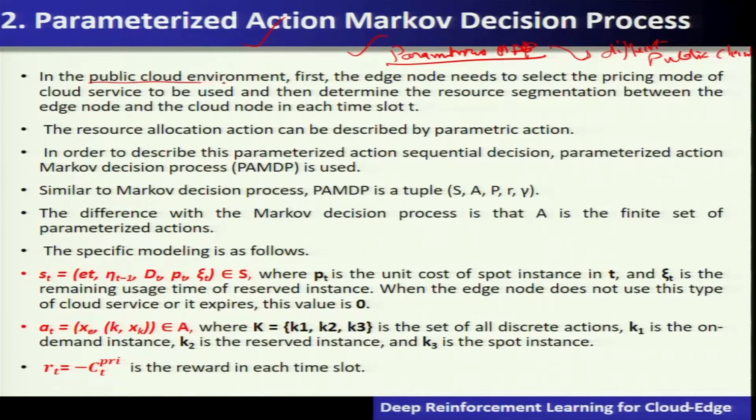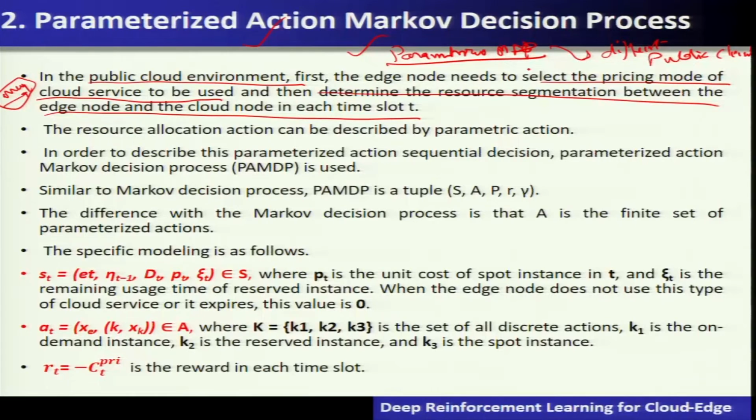In a public cloud environment, first the edge node needs to select the pricing mode of the cloud services to be used, and then, since there are many possibilities, it has to select and determine the resource segmentation between the edge and cloud. We have already seen the resource segmentation between edge and cloud as a Markov decision formulation, but if you are considering different pricing models of a cloud service, then it is to be parameterized. Therefore it is a parameterized Markov decision process.